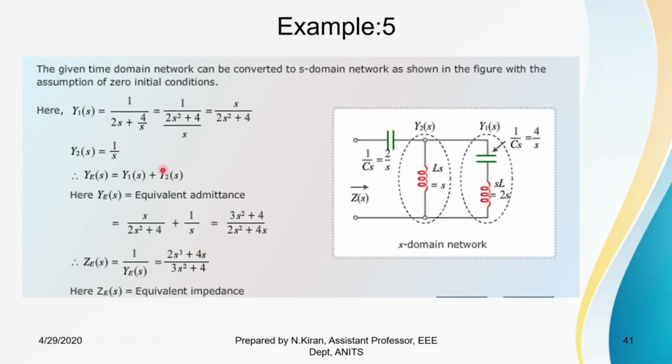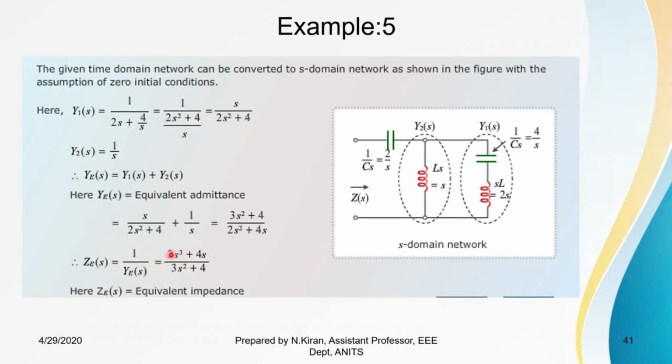On adding these two values, we get the admittance of this parallel combination, which is 3s square plus 4 by 2s square plus 4s. If I want the impedance of this parallel combination, I can write 1 by Y of s, which is this expression.